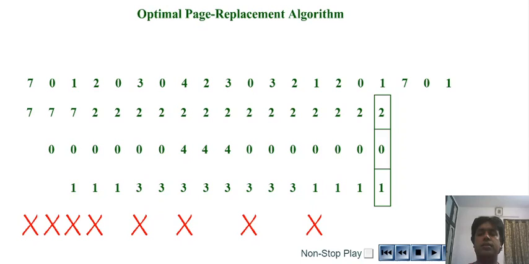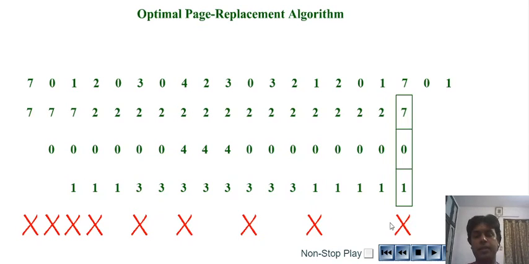After this, there is a requirement for 7. For 7, I need to swap out one of the pages from one of the frames in my memory. So this time I am going to remove 2. I want to replace 2 because the demand for 0 and 1 is going to be there, but demand for 2 is not going to be there in the future. So 2 is going to be replaced with 7.